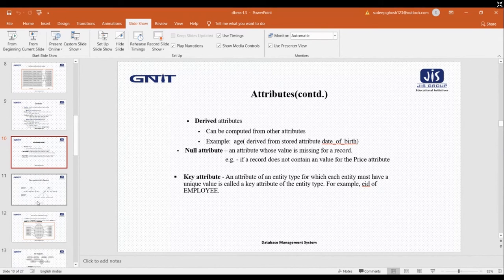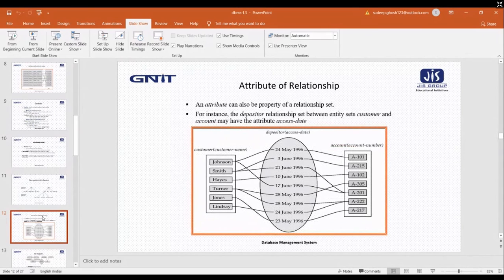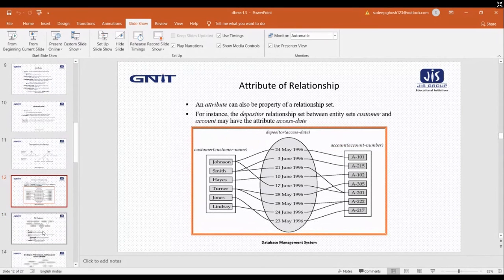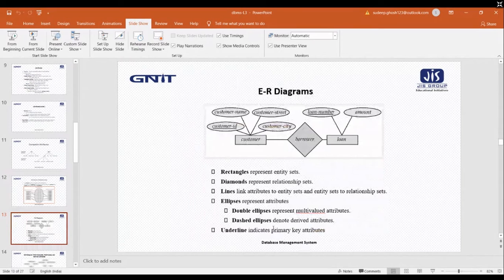Then we will go to the next thing, which is ER diagrams. In the ER diagram, you can see that it is the diagrammatic representation of the ER model.